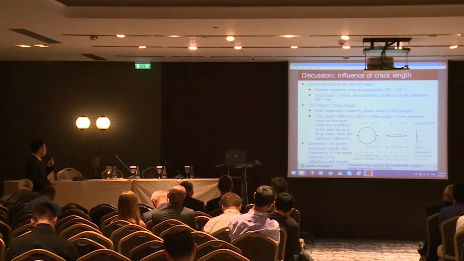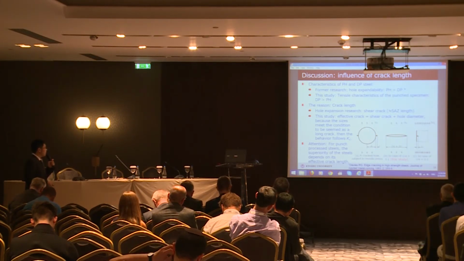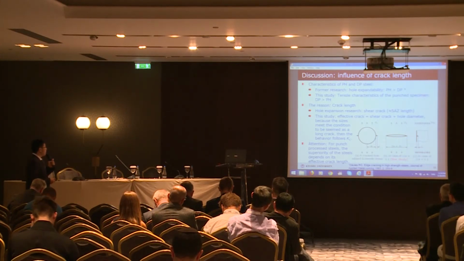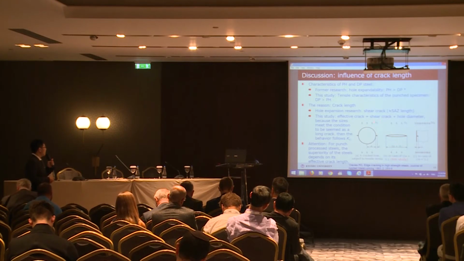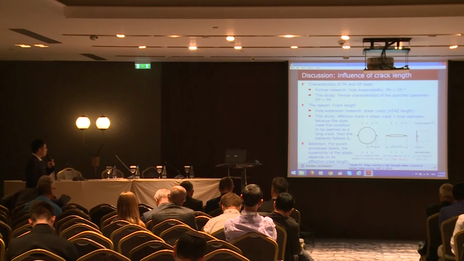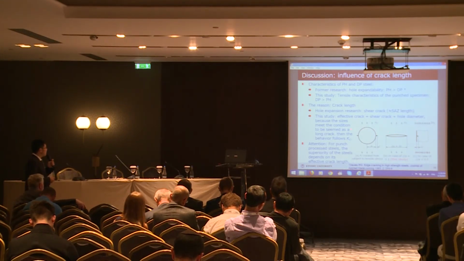In the former research, there is only a shear crack, which is a short crack with about SAZ length. In this study, the shear crack is also SAZ length, but the effective crack not only includes the shear crack, but also includes the hole diameter, because the sizes of shear crack and hole diameter meet the condition to be seen as a long crack like this schema. In this study, it is this condition.